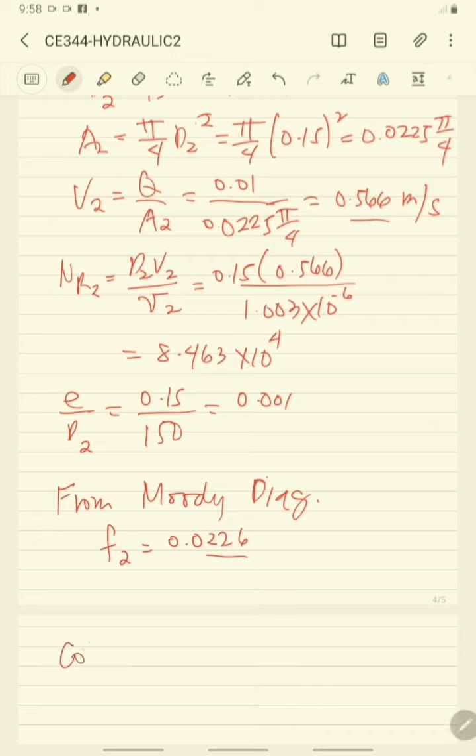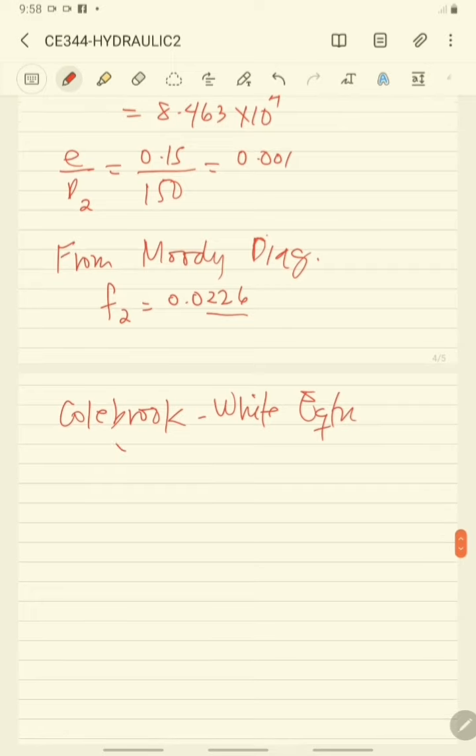Using the same Colebrook-White equation, your f is also 0.0226. So you have to round off or get the friction factor up to 3 significant numbers, starting from the first nonzero digit.